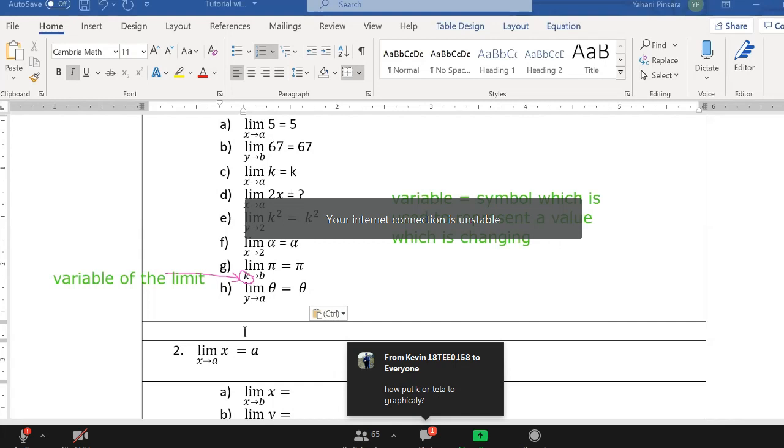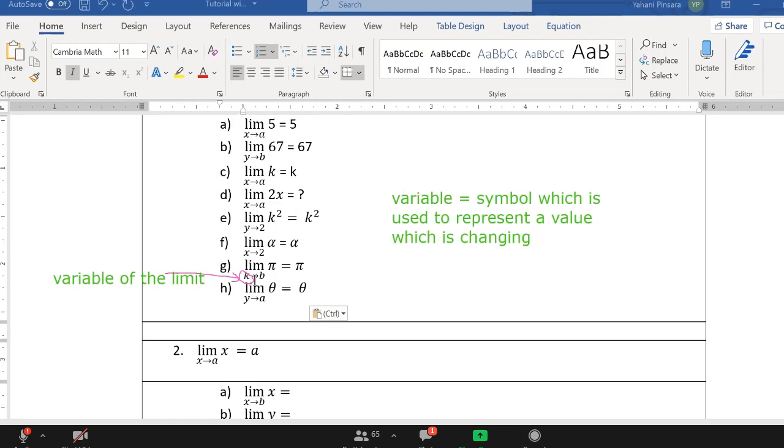If we put k here, in that case k has some change in value, right? That's why it becomes the variable of the limit.